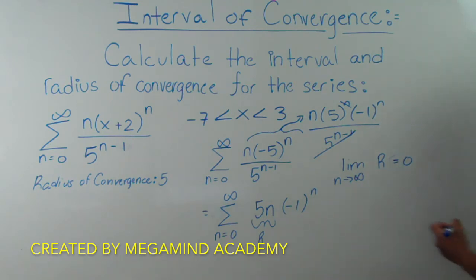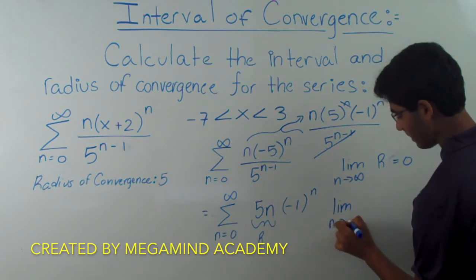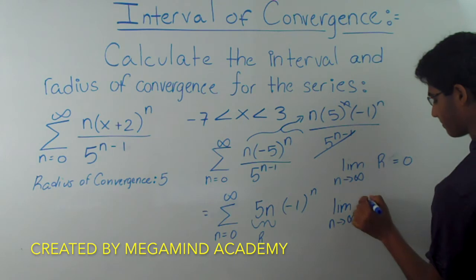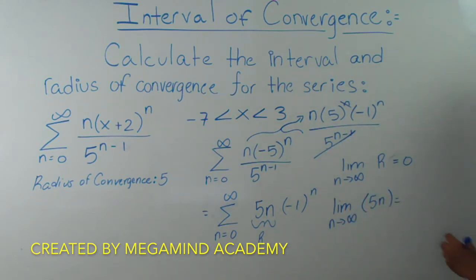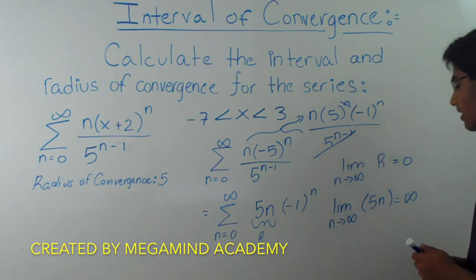So let's do that. We have the limit as n approaches infinity of 5n, which is equal to infinity, meaning that it's divergent. So that means that negative 7 is not in the interval.